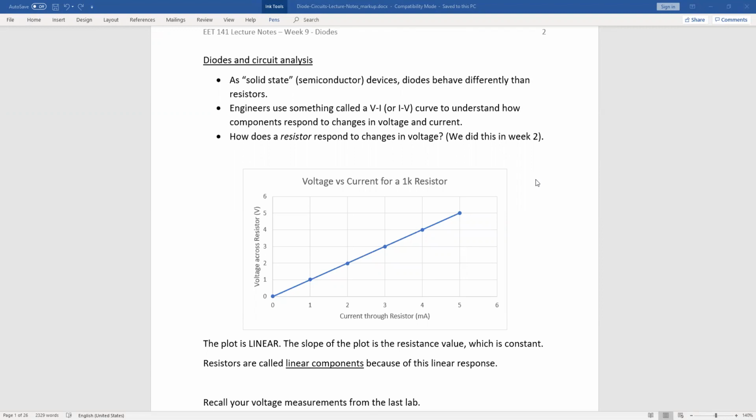We can make this plot looking at different values of voltage and current through a resistor. This is actually something we did way back at the beginning of the course. Let's say we have a 1 kilo ohm resistor, assuming you have a little voltage source, and we have this hooked up to just one resistor.